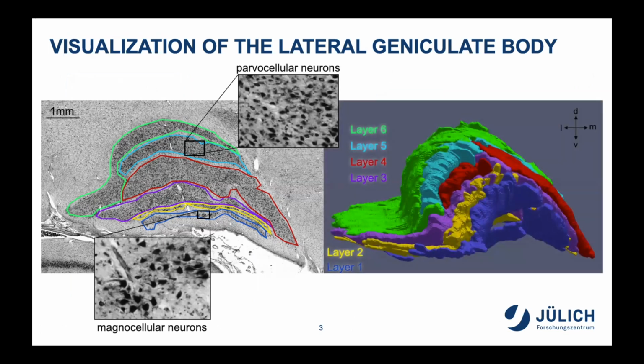On the right-hand side, you can see the results, all 6 layers in 3D. And you can also see, of course, the overall shape of the whole lateral geniculate body. And also to give you some numbers, in total we had almost 1,500 annotations on 365 sections.